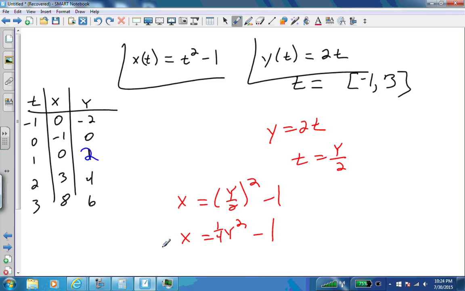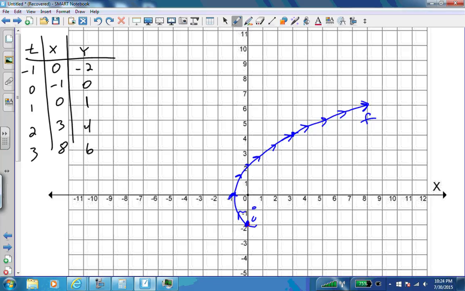So this x equal y squared, remember if it's the y that's being squared instead of the x, that's a sideways parabola. Notice our vertex is to the left 1, up and down none.